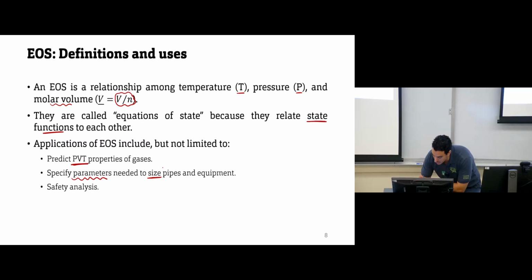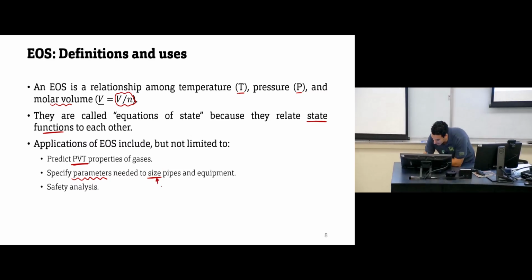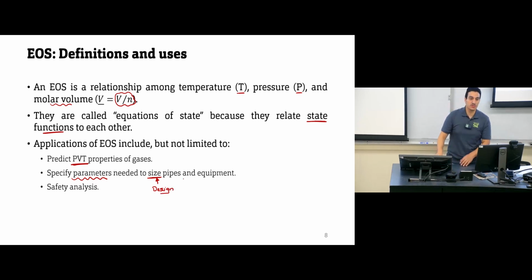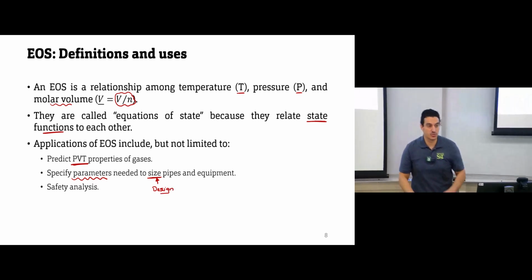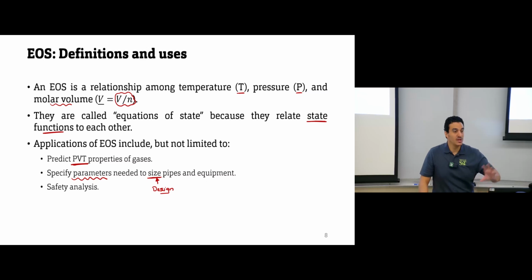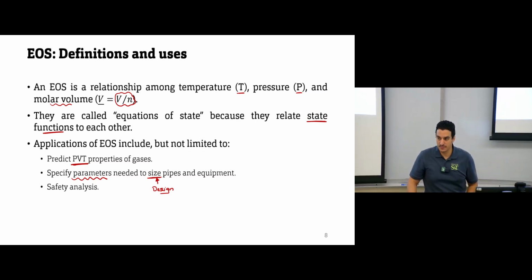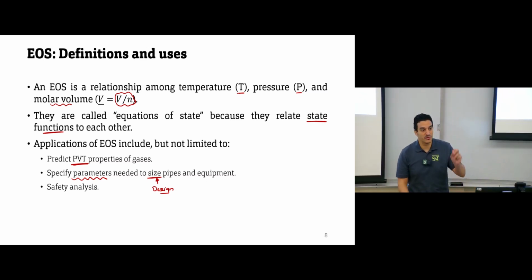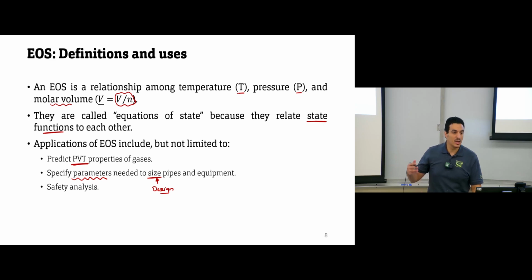Here, sizing means we need to define the size, and this is part of the design process. Because if you need to design something, you need to know its size. And if you need to size any equipment, then you should use an equation of state. So the equation of state is one of the fundamental equations we use for sizing or design calculations.